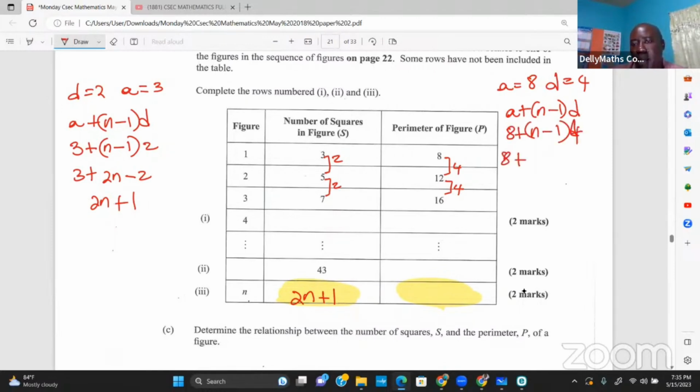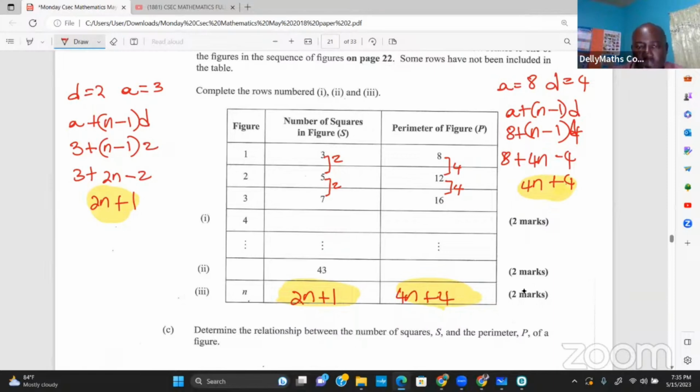So 8 plus 4n minus 4. Simplify: 4n plus 4. I'm just saying that sometimes it's hard for you to just see quickly. I'm giving you something that just nails it. No thinking. Get your marks in the exam. 4n plus 4. Now you can use it to fill out anything you want.